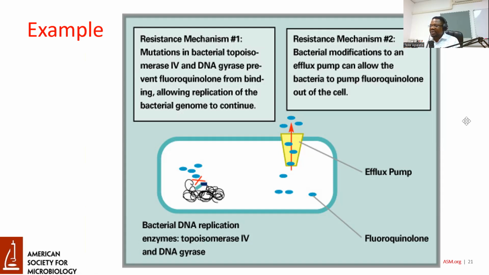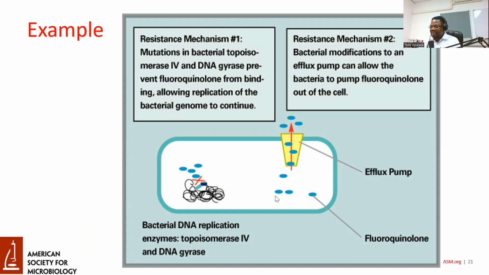The same thing is that bacterial modifications to an efflux pump can allow the bacteria to pump fluoroquinolones out of the cell. Here you can see there is an efflux pump that is established as a result of mutations.